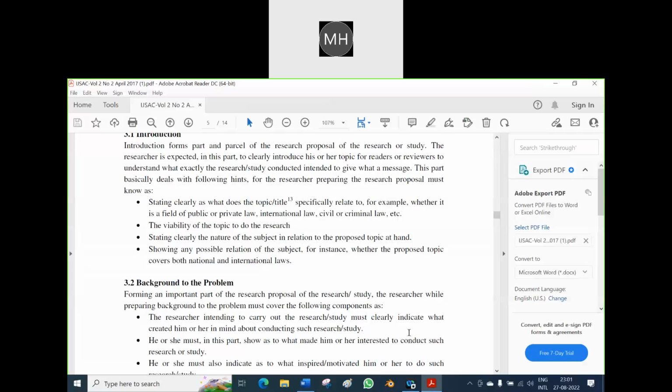So the background. Now when you see my points which I raised over there, stating clearly the nature of the subject in relation to the proposed topic at hand. The nature of the subject you should make out, and how it can be dealt with, and how the topic which you have chosen, that should be clearly mentioned in the introduction.